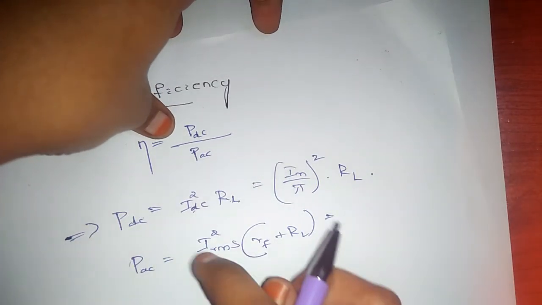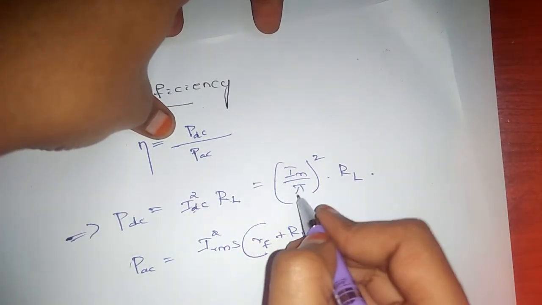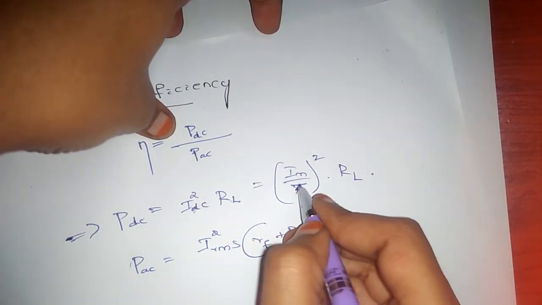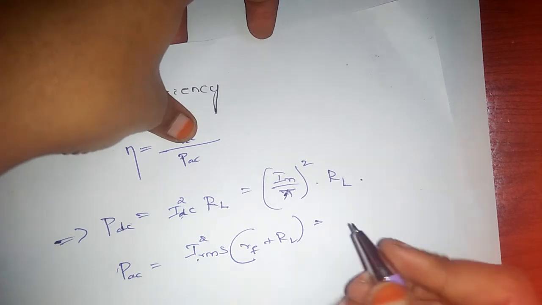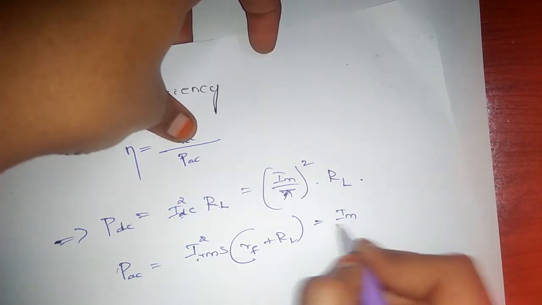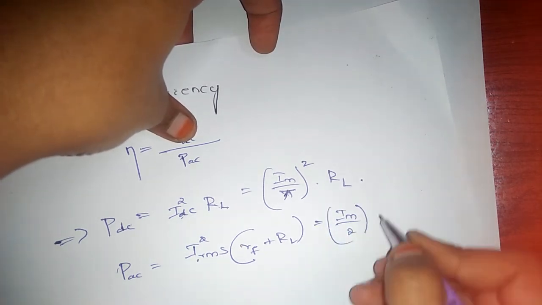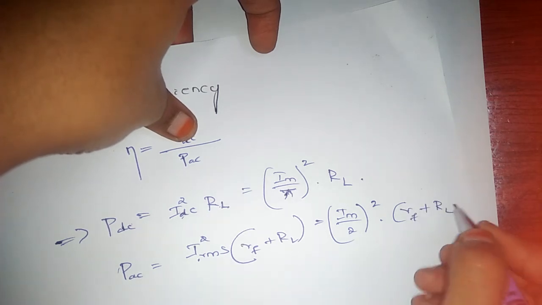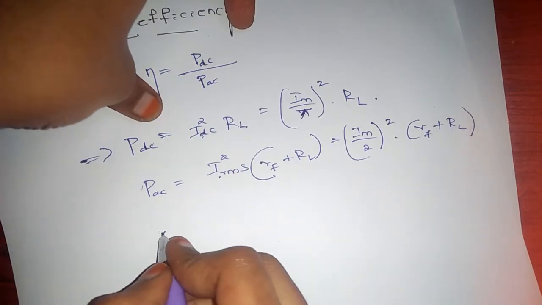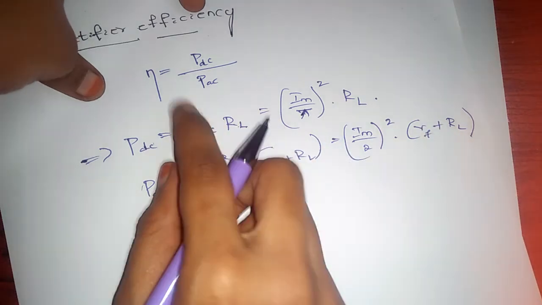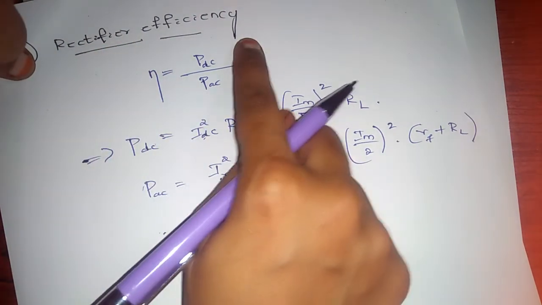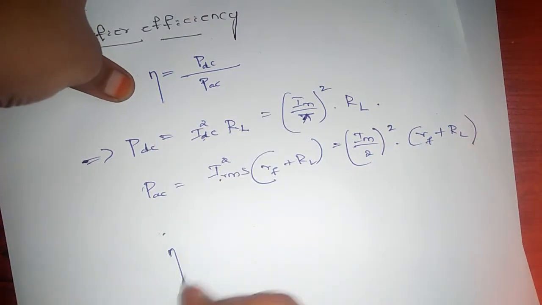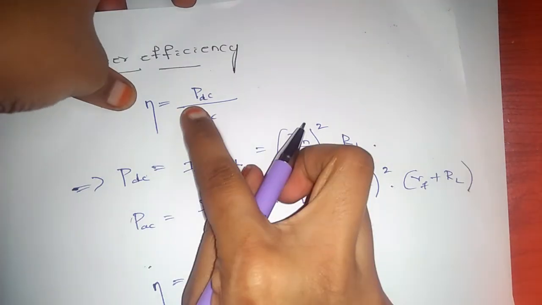This IRMS is equal to Im by 2 whole square into RF plus RL. So we want to know the rectifier efficiency. Then this eta is equal to PDC.